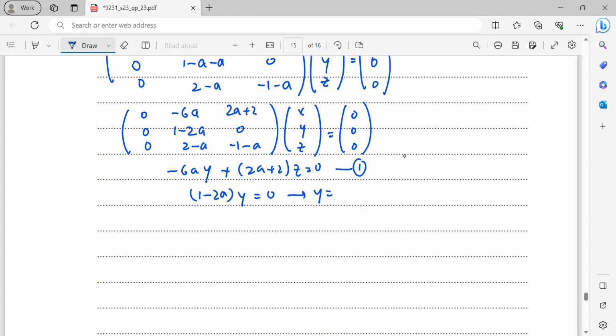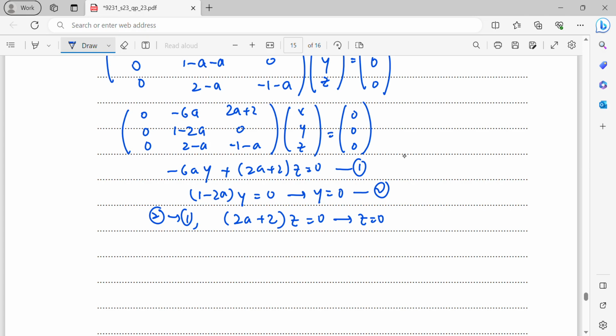So from here, I know that my y is basically 0. Okay, so when I substitute second into first, I will get my y is 0. So 2a plus 2, which is my second term, times z will be 0 because the y is 0 here, which means now my z is 0.